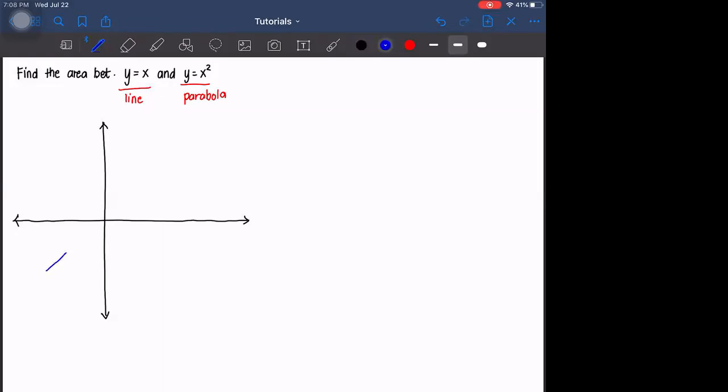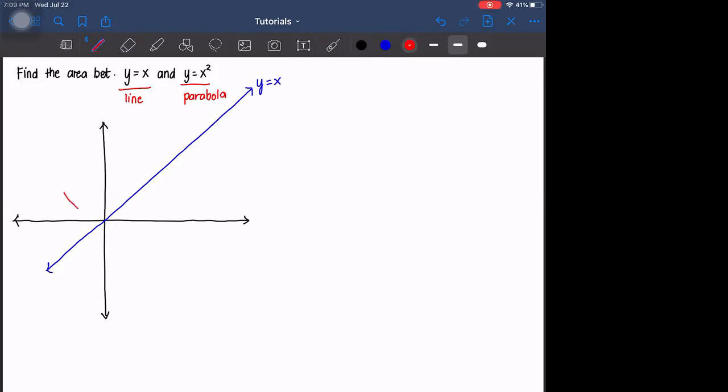It's a line inclined to the right. Y equals x. Okay? The parabola, of course, is facing upward.